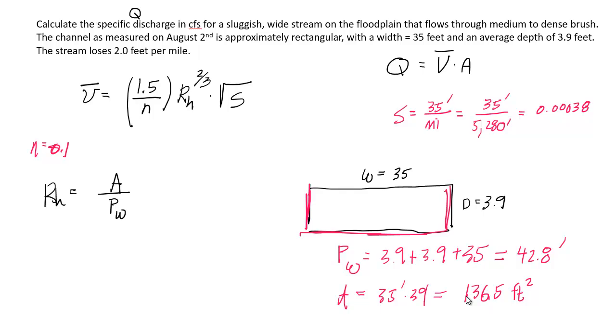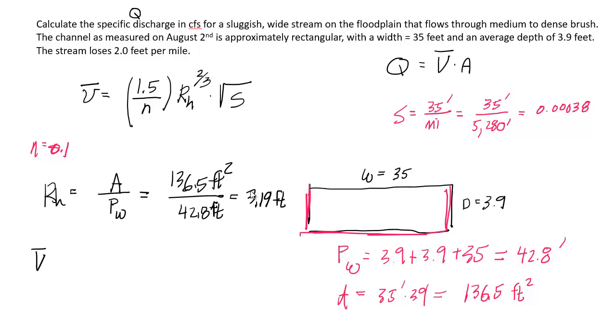So the hydraulic radius will equal 136.5 square feet divided by 42.8 feet, and that is 3.19 feet. So I think we have everything we need.